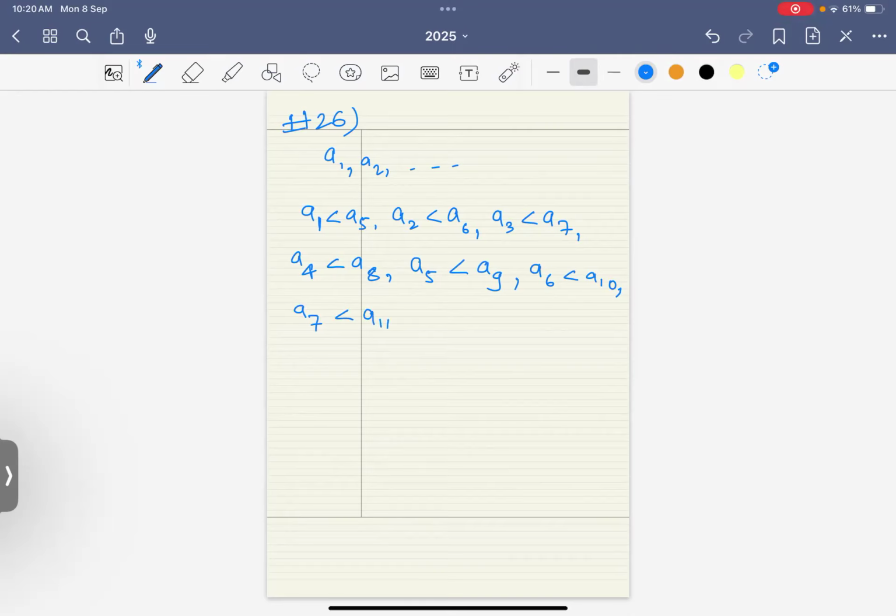If the sequence has 11 terms, this holds because the sequence is increasing.